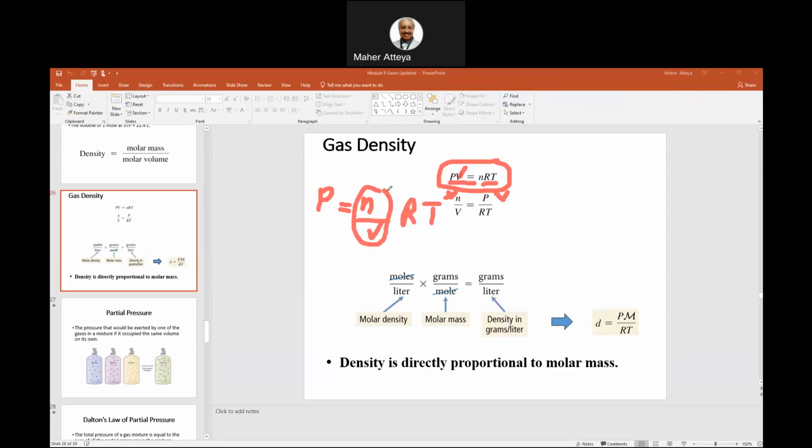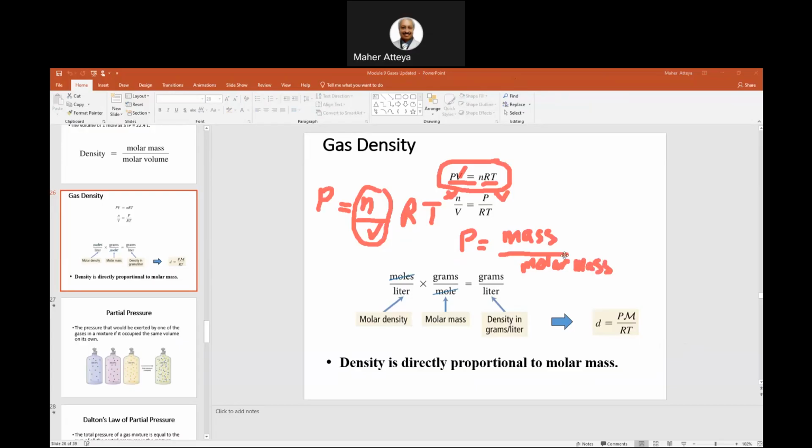What is n? It is the number of moles. Well, n is mass over molar mass. Here it is, molar mass.